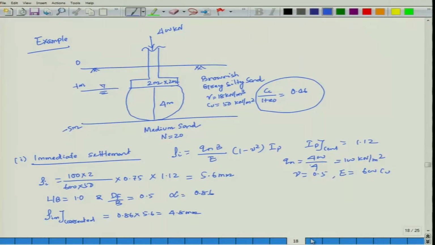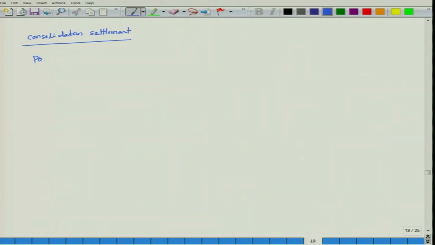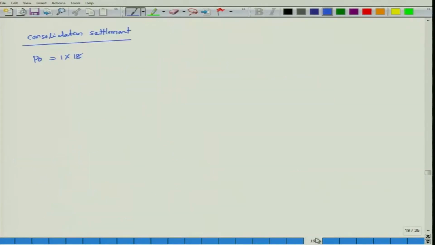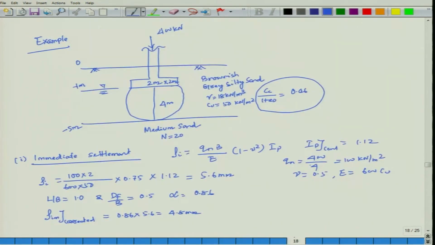Then calculate P0. So, P0 is equal to 1 into 18, above the water table bulk unit weight considered, plus 8 into 2. Where is your 8 into 2?